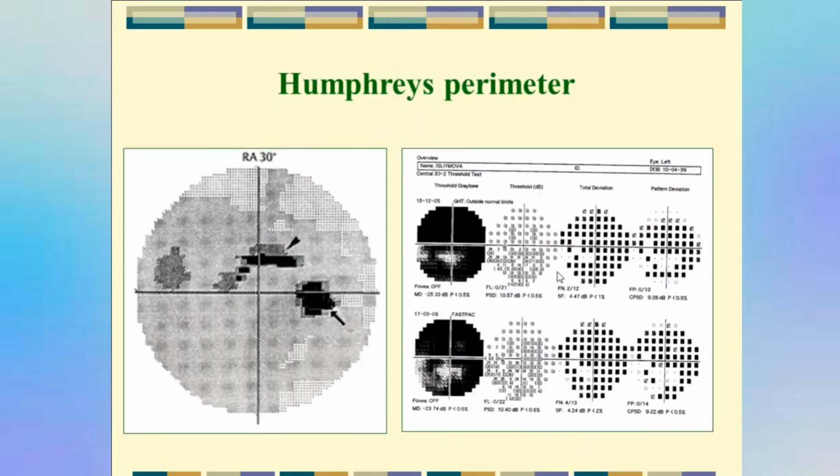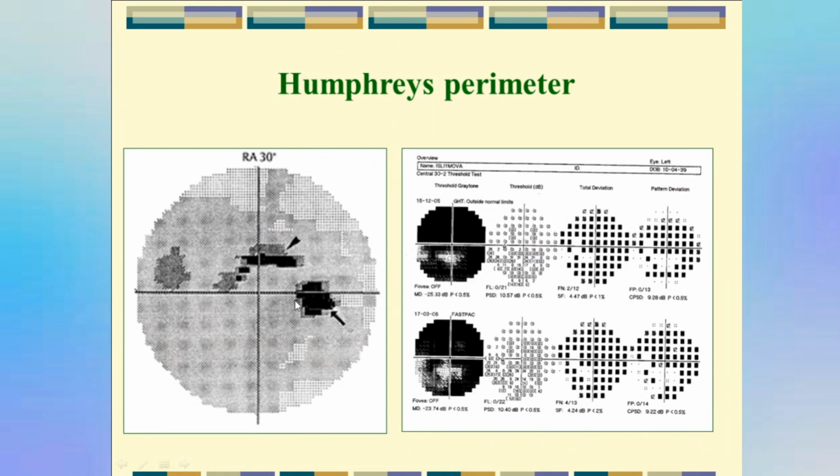This result we can receive in a modern electronic perimeter, and you of course can see the defects of the visual field. We estimate the regional sensitivity to light. Look at this picture.